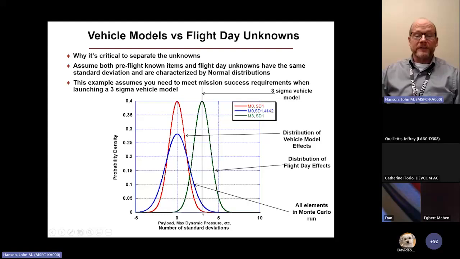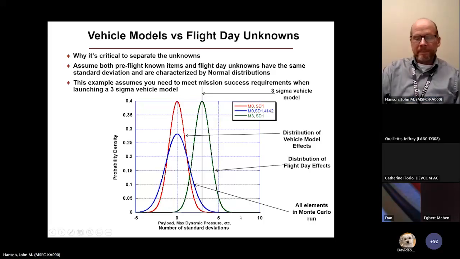So I have a 3 sigma vehicle and I want 3 sigma flight day effects, and that puts me out here at somewhere around 6 in my standard deviations from original. Whereas if I just threw everything into the same hopper, I would get something around 4, 4.5. So I'm not going to get the right numbers out for how everything's going to behave and how bad my worst case is going to be if I just throw it all together.